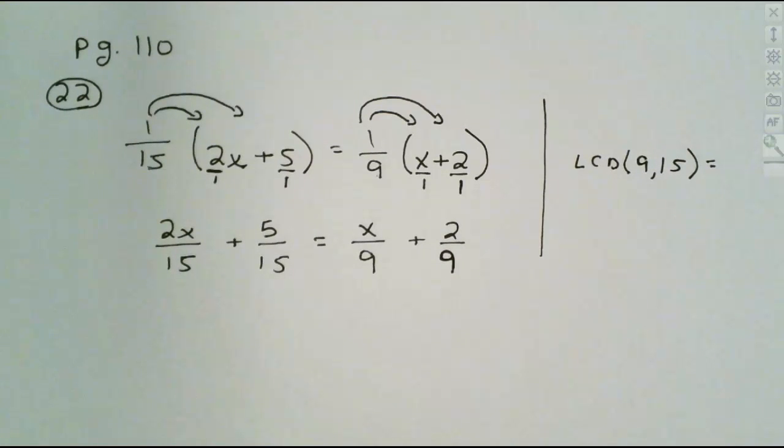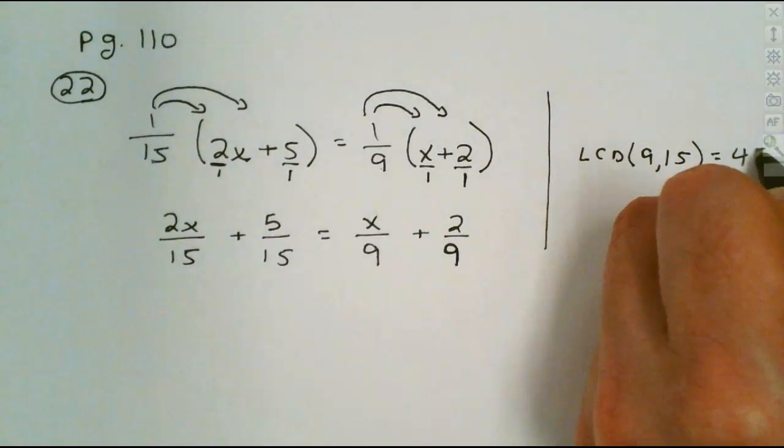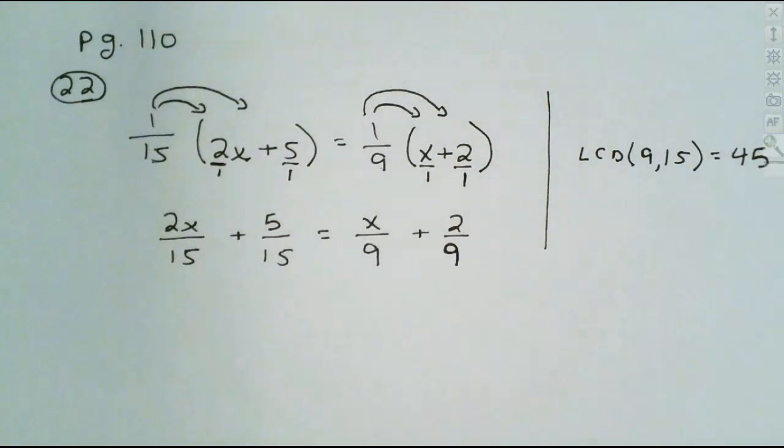Because 45 over 15, well, that is what? 3, right? And 45 divided by 9, well, that's a what? 5. So we want the smallest number that goes into both of them. They have a multiple of 3 in them, but we're looking at the number that I can use to clear out these fractions.